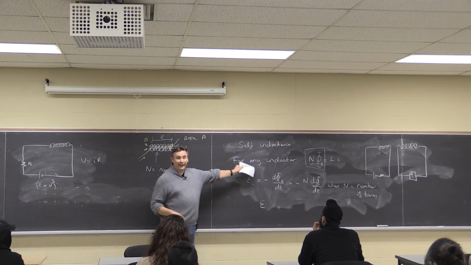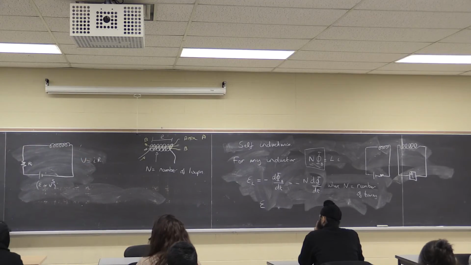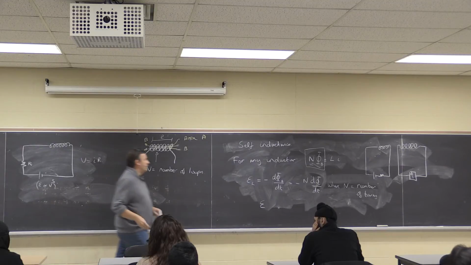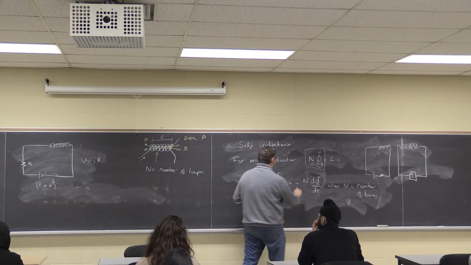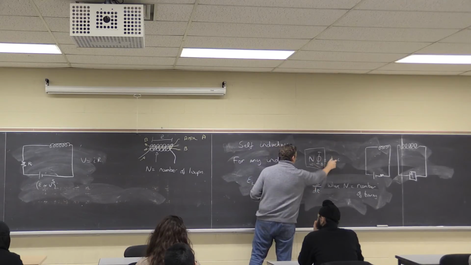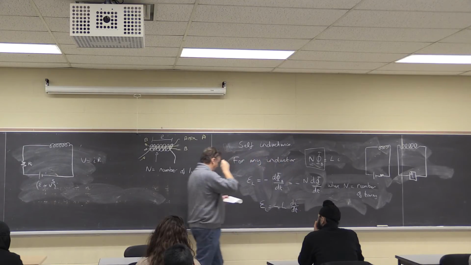No, we defined L as something that depends on mu naught and the geometry. So the geometry is not changing, mu naught is constant, so L is a constant. So the EMF induced will be negative. I replace N phi from here with L di by dt.